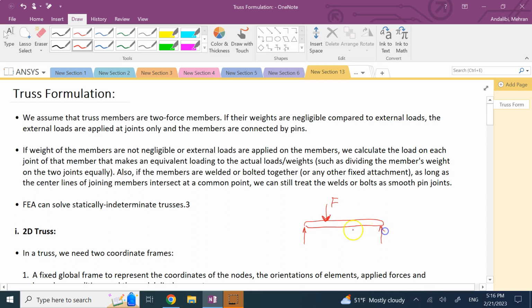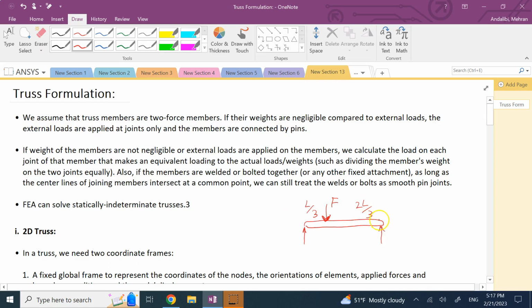These two forces that we need are going to be related to these distances. So if this is, as I said, L/3 and 2L/3, if you take a moment, what you have is F times L/3 plus this reaction times the total length, which is L, that should be equal to 0.